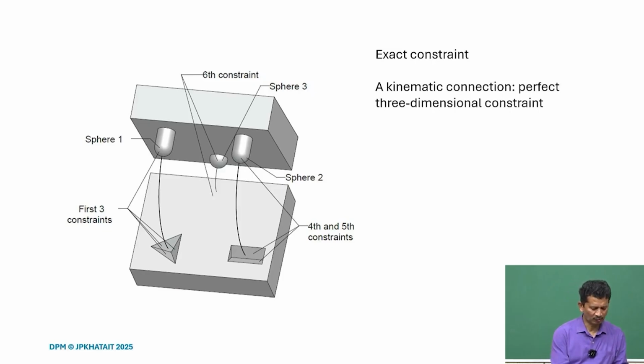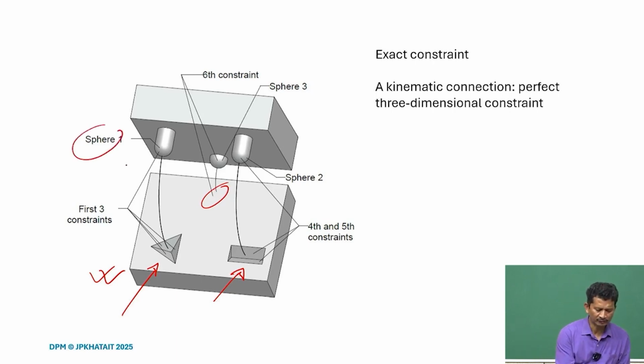In the bottom plate we have one tetrahedron hole and one V groove and then of course, the flat surface here. When sphere 1 comes in contact with the tetrahedron hole here, it makes 3 contacts.